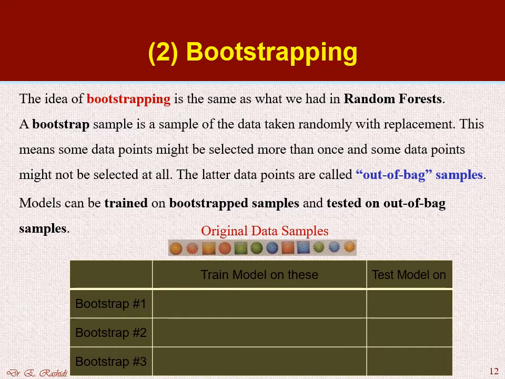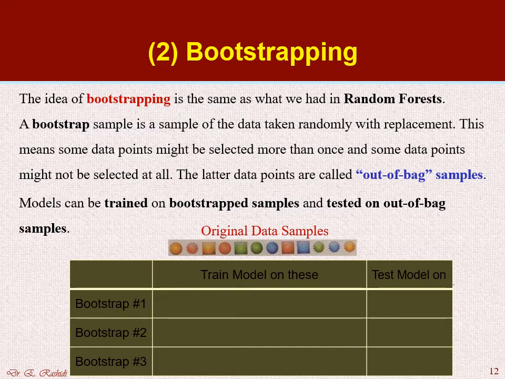The first row is the number of bootstraps, then we have the train model in the second column, and in the third column we have the test model. So we're going to make a bootstrap dataset and use that to train our algorithm, and then we're going to use the out-of-bag sample for testing.